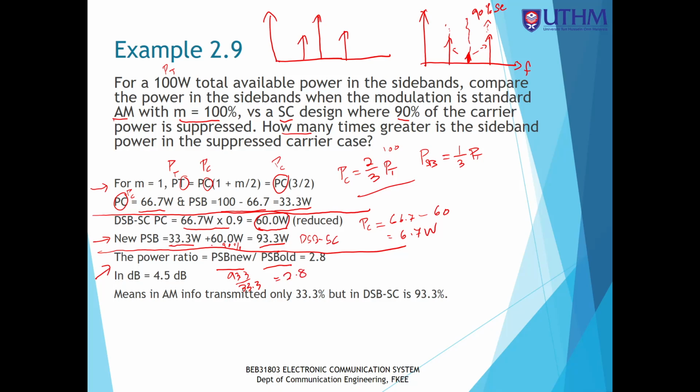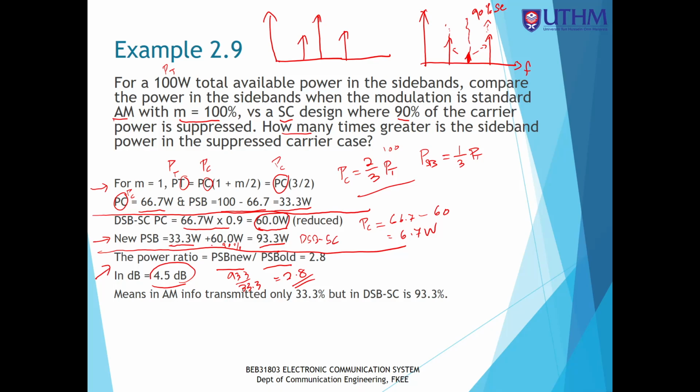Around 2.8. And 2.8 you can express in terms of decibel, 10 log 2.8, so you get 4.5 dB. There's a 4.5 dB increment in the suppressed carrier case.